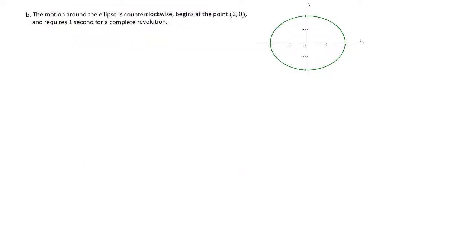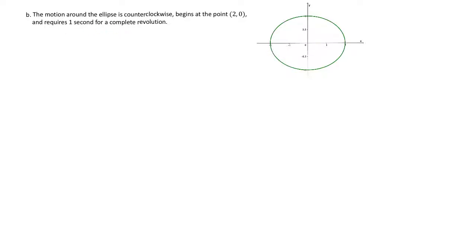In part B of the problem, they are now describing a different scenario. They say that the motion around the ellipse is counterclockwise. So that is going to be the same. Begins at the point 2, 0, that's also the same, and requires 1 second for a complete revolution. Now this is different.